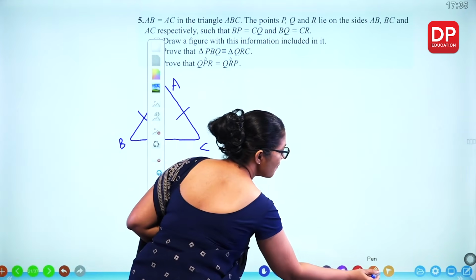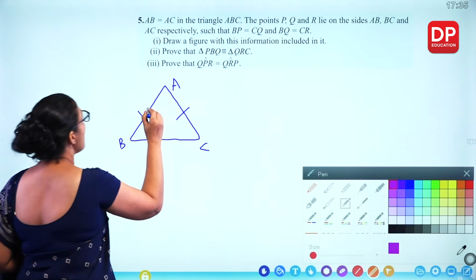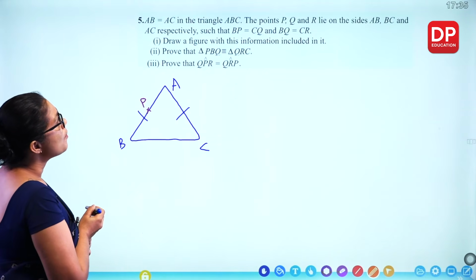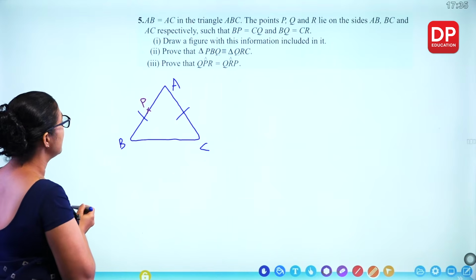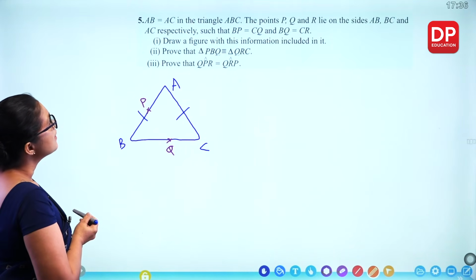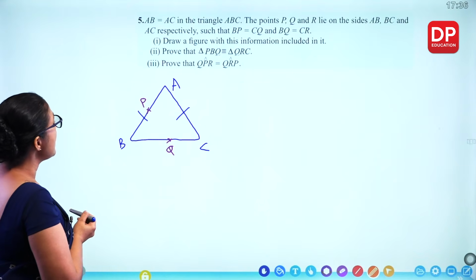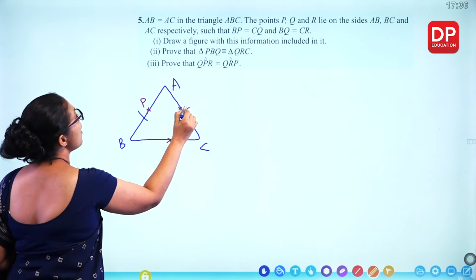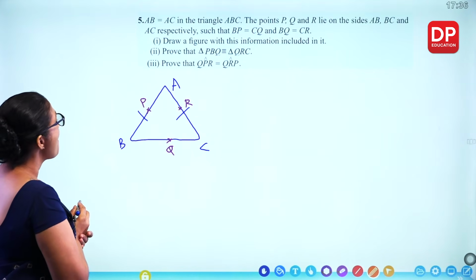I'll take a different color and mark P somewhere here. And Q lies on BC, somewhere here. Then R lies on AC. We'll take somewhere PQR. Now what it says?